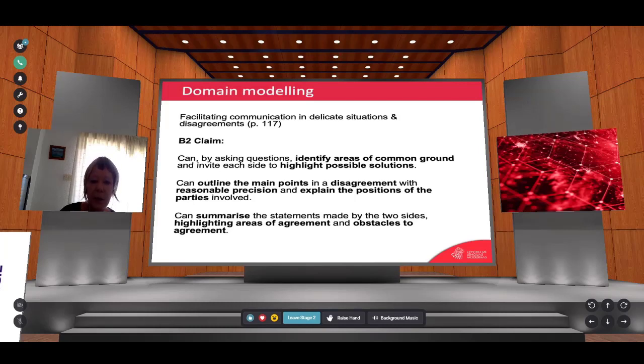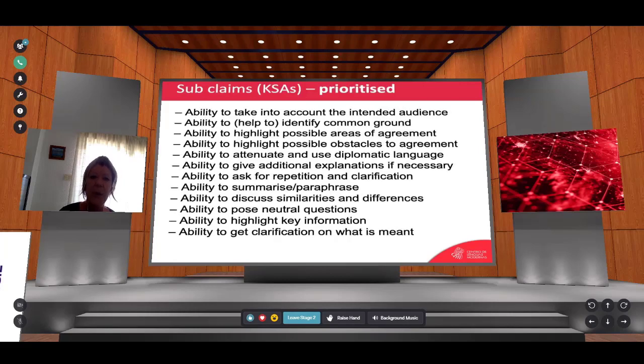And so we looked at the descriptors, we looked at the KSAs that were given in the companion volume, and we drew up a list of what we believed were the important KSAs, the subclaims, if you like, and we prioritized them. This is the list of KSAs that we came up with.